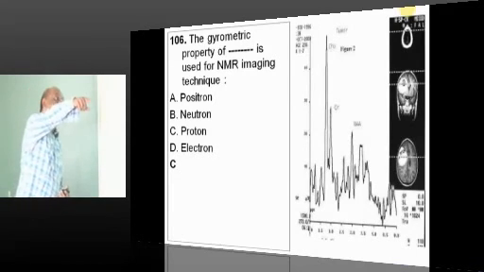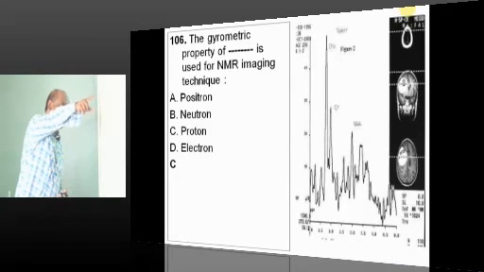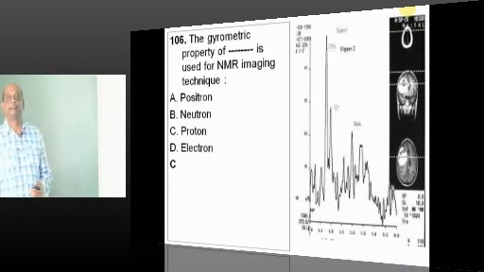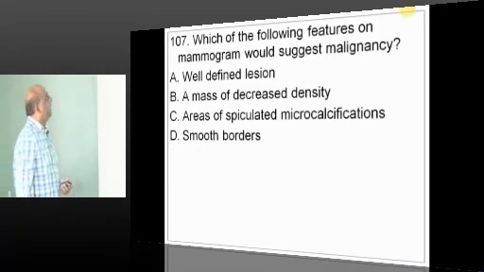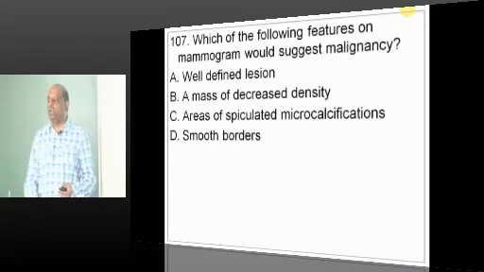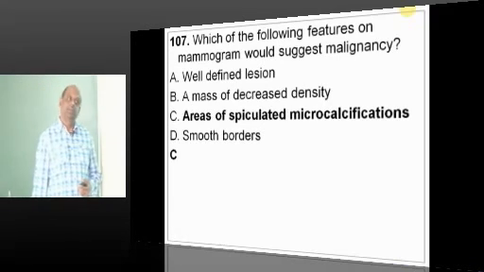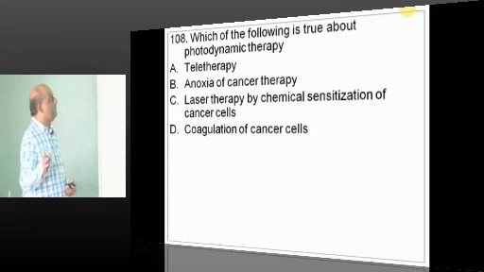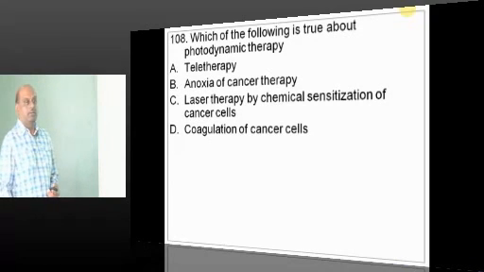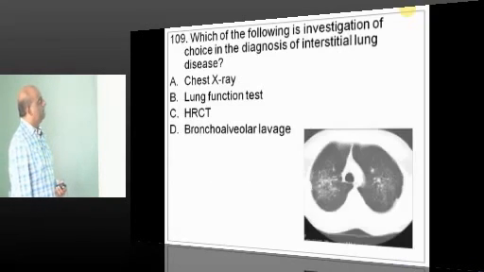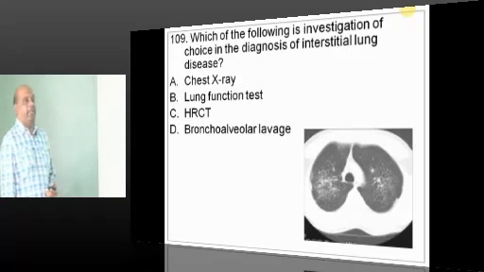Raju? Raju is there inside? Can call. Yeah. Okay. Which is a feature of mammogram which suggests malignancy? C. Speculated microcalcification. What is photodynamic therapy? Laser therapy. C. After sensitization, that's right, C.